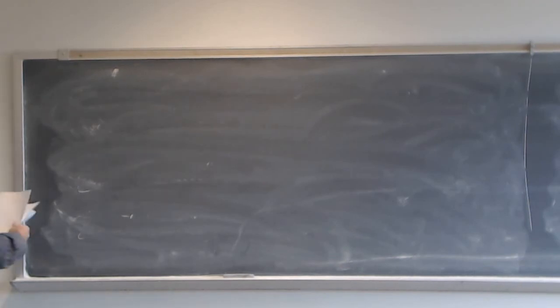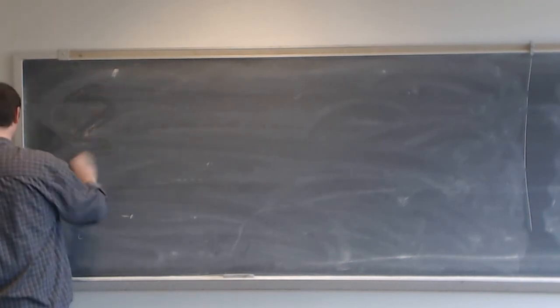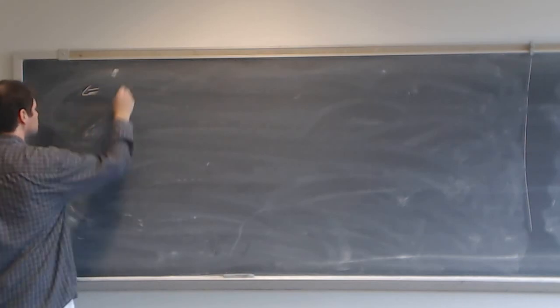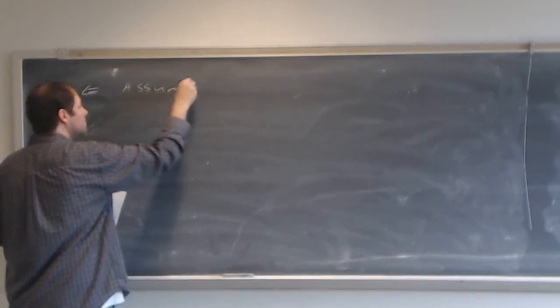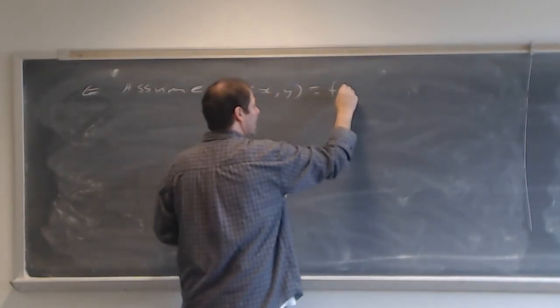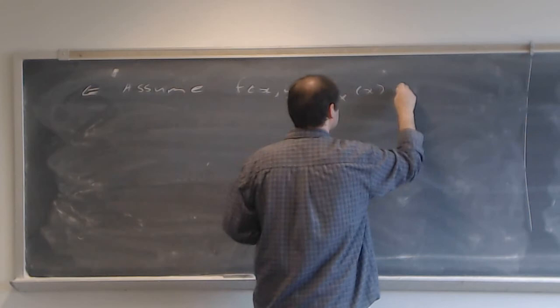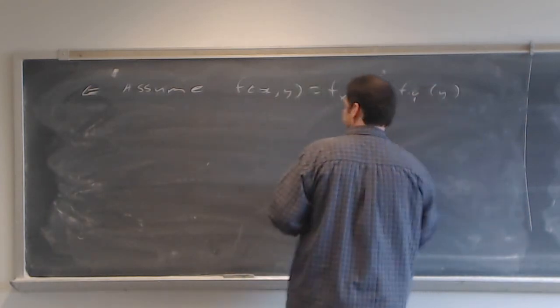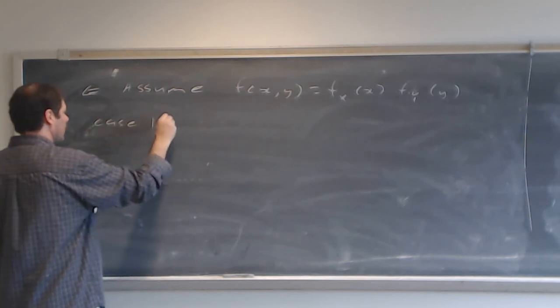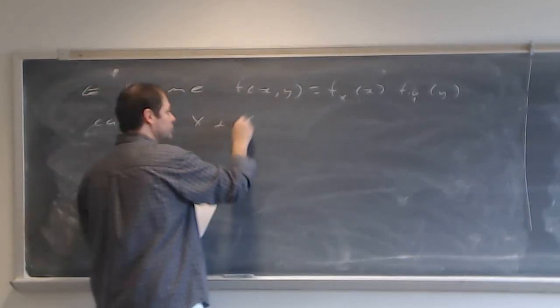So for the other direction, we're assuming f(x, y) equals f sub X of x times f sub Y of y, and we want to show independence. Case 1: X and Y are discrete.